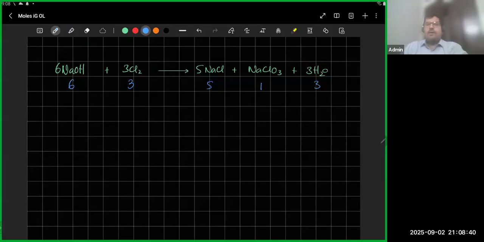Now, in all of your moles questions, all of them, they're all going to be solved in exactly the same way. Out of these 5 things, they'll give you the amount or the quantity of one thing. I mean, let's say they give you a quantity of one thing, right? For example, they tell you that they have how many moles?